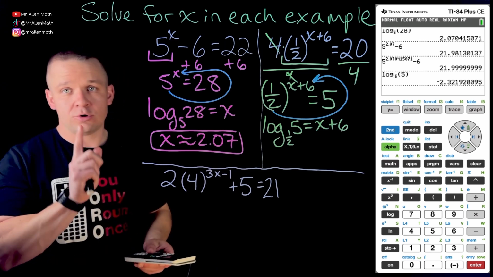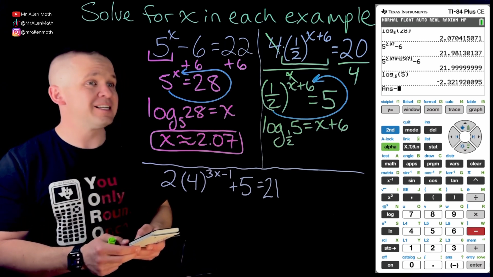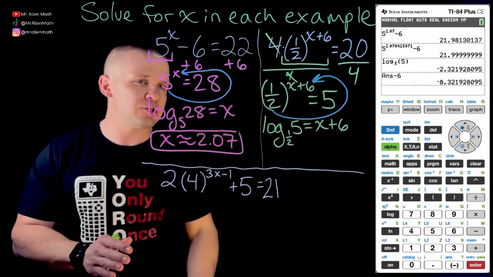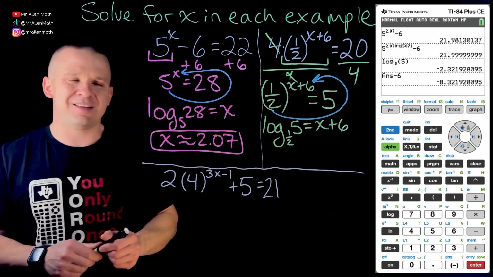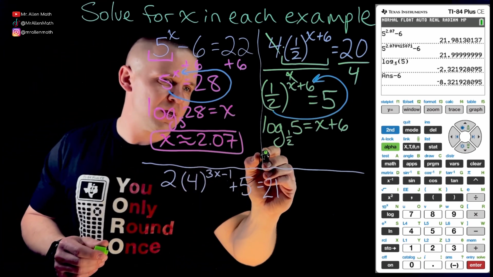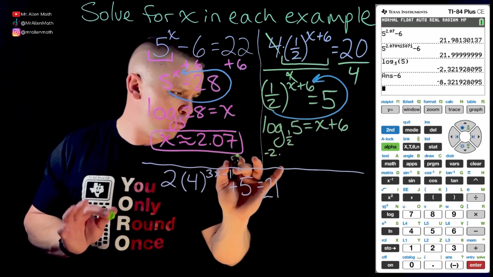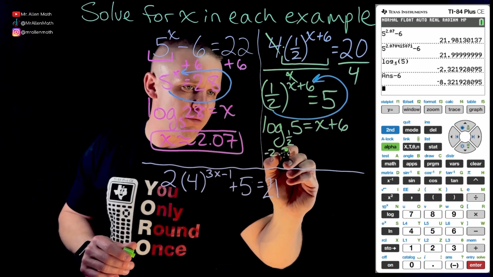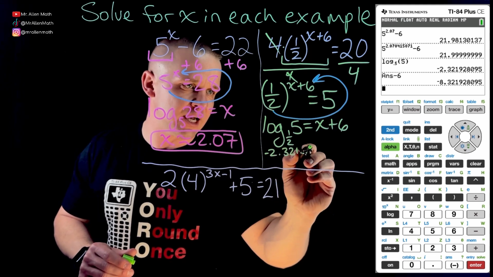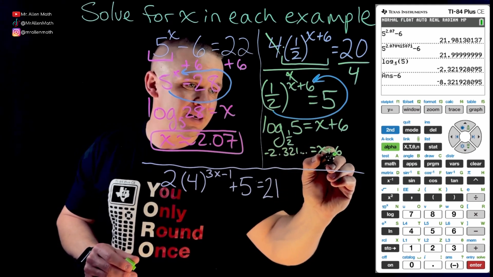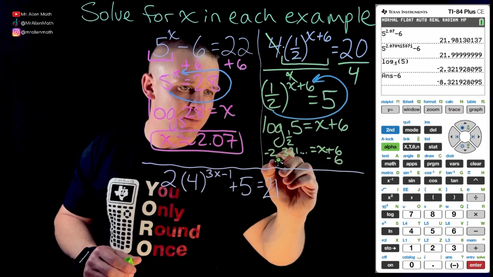Is that my answer? No. I am going to subtract 6 on both sides. And let's show our steps here because, math teachers, they love steps, right? They love steps. So I got negative 2.321 and change. And I know that would round to 321. I usually put a dot, dot, dot when I'm still mathing. And then I'll subtract 6 on both sides.